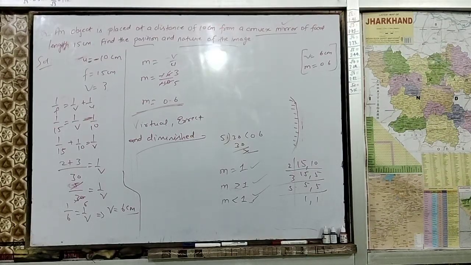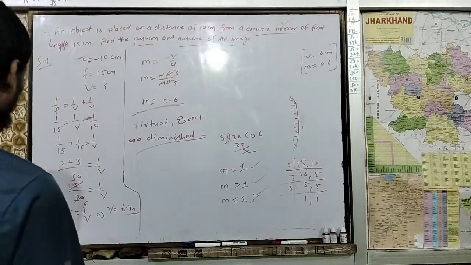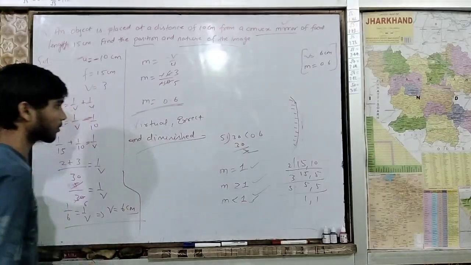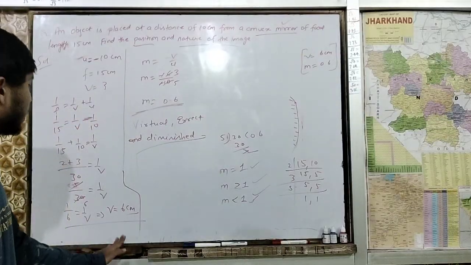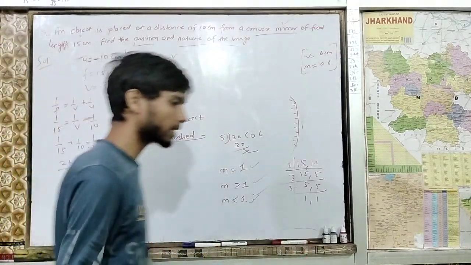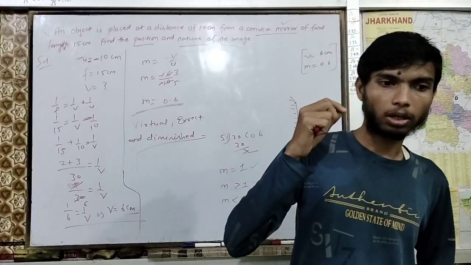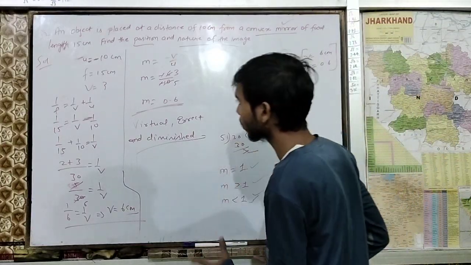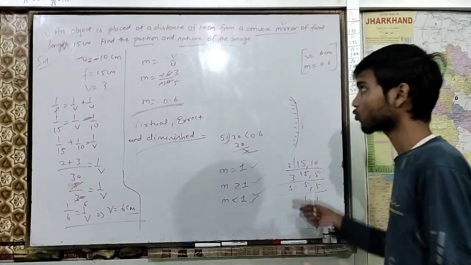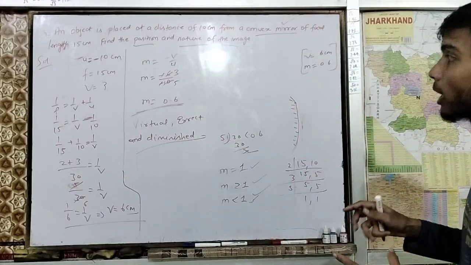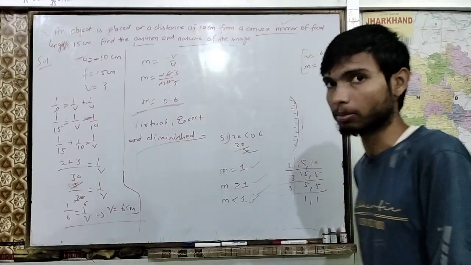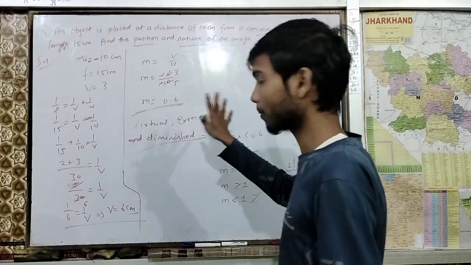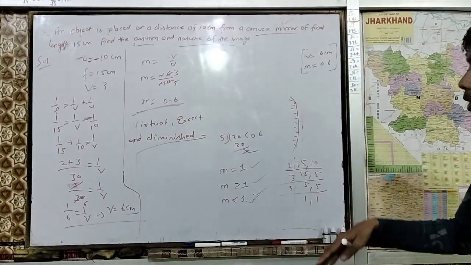So the image is virtual, erect and diminished. Finally we have answered. We got v as 6 centimeter, which means the image distance from the mirror is 6 centimeter, and we got m as 0.6. From this we can tell that our image is diminished, because m is less than 1.